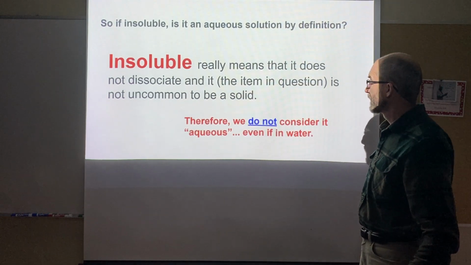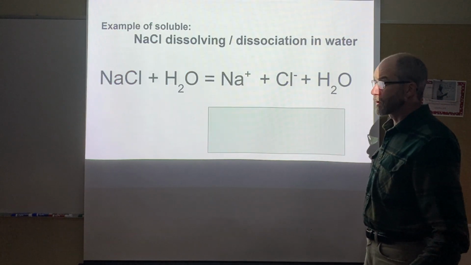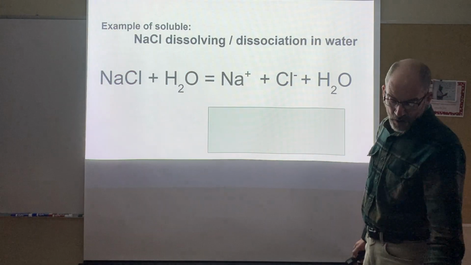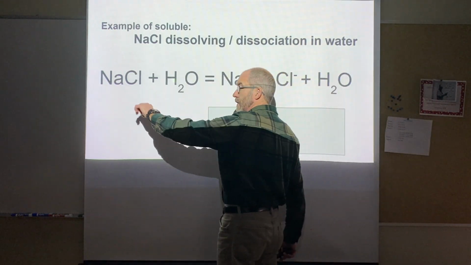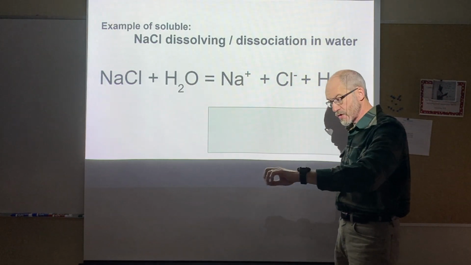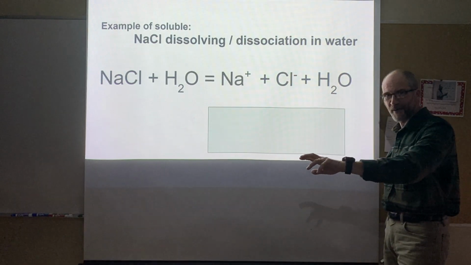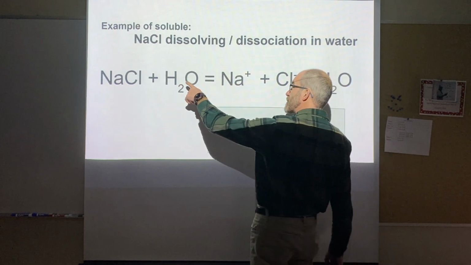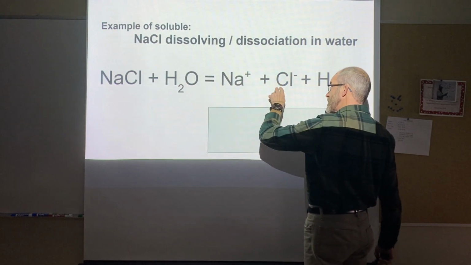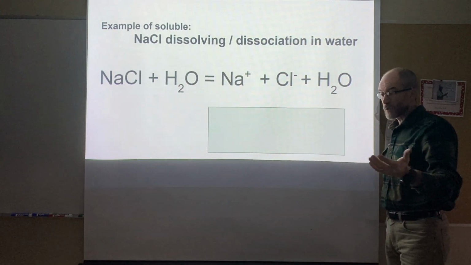All right, let's continue. Let's give you an example. What about salt? Just good old sodium chloride. You've got a sore throat, your mom tells you to mix up a little sodium chloride in water and gargle it. When sodium chloride is placed in water, it will dissociate. What does that mean? Well, you know what that means.